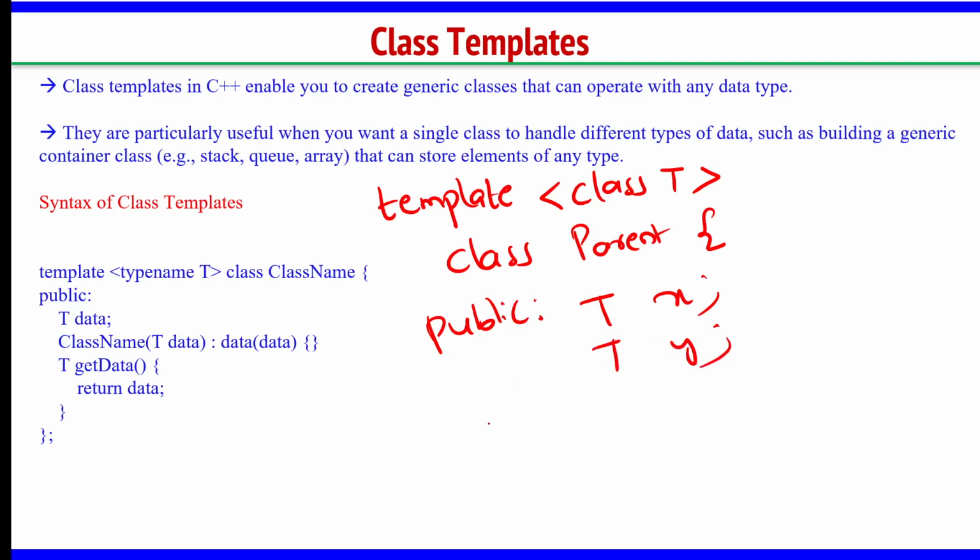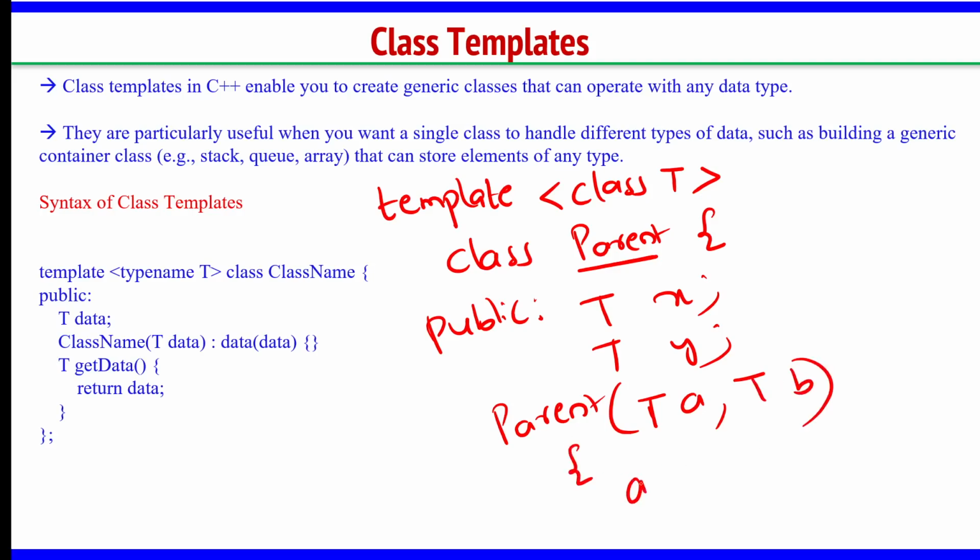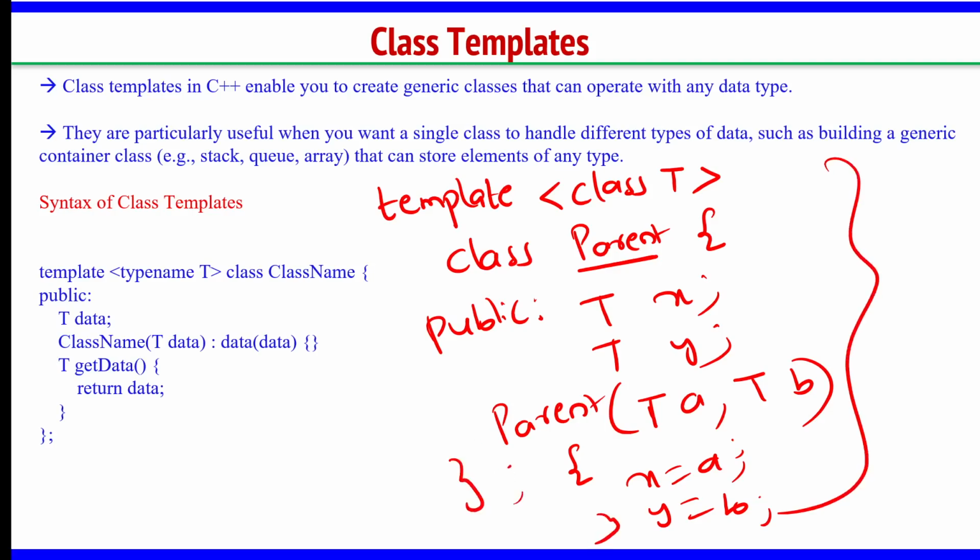You want to define a constructor, how to define constructor? Using class name you will define it like this, parent of Ta, you want to have a parameter as a constructor Tb, like this you can write this x equal to A, y equal to B, like this. This can be your class.